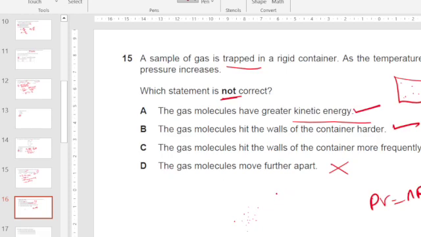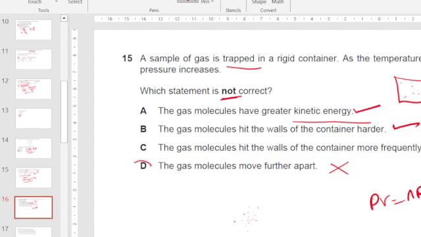But it's a rigid container. They cannot go out of the container. All particles will be staying inside the container. They cannot move for a longer distance, they cannot move further apart. So option D is a wrong statement.